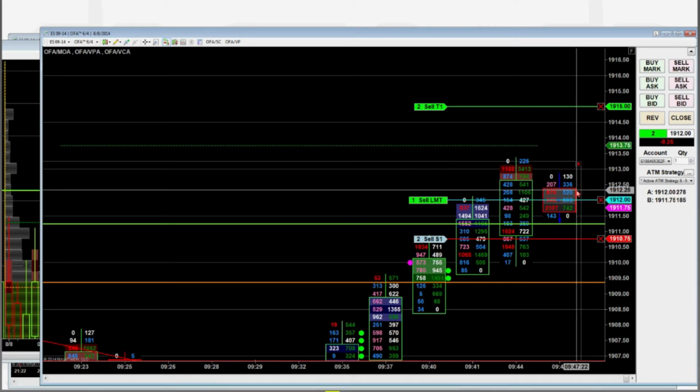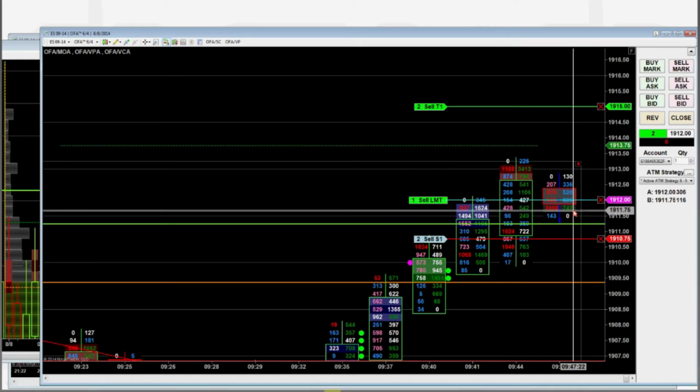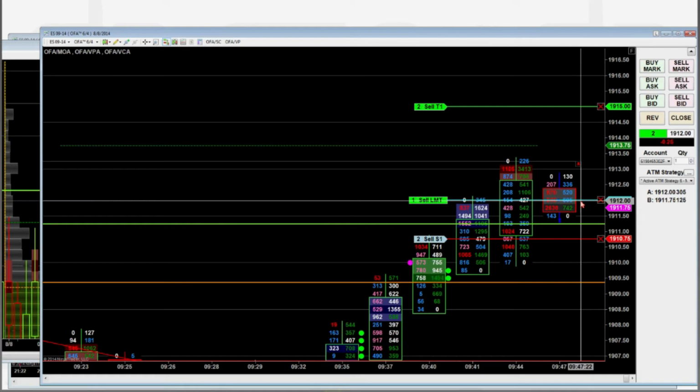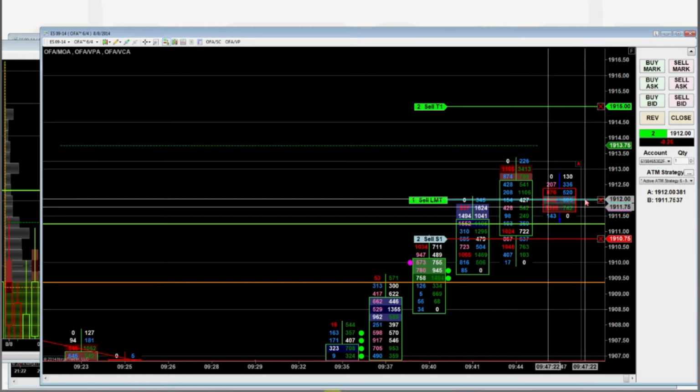So I'm pretty close to my target today. I see a lot of activity coming back in at the bid. Looks like it's holding right now. Look at that, 32.